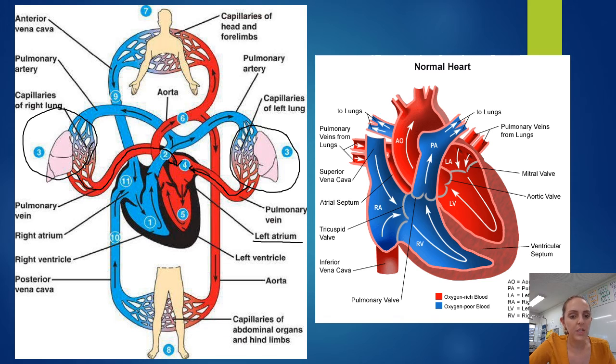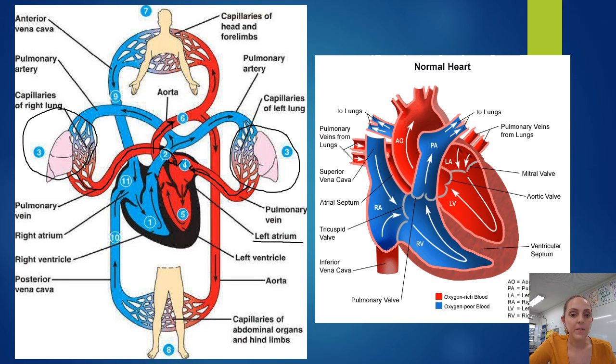So we call this region the left atrium. From there it moves through a little valve into your left ventricle, and then it's moving up and out this major artery of the body called the aorta. It's a massive thick artery, and it's pumping blood from your little old heart to the entire body.